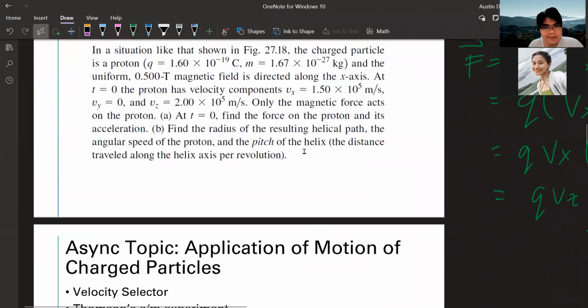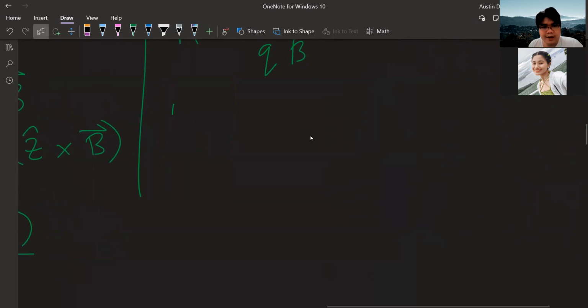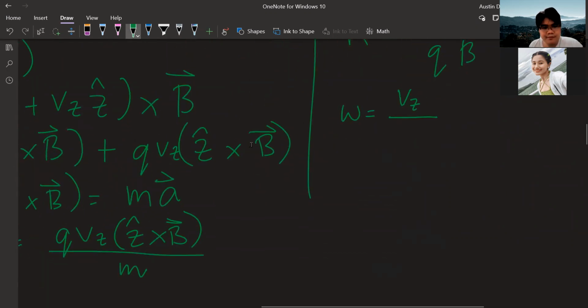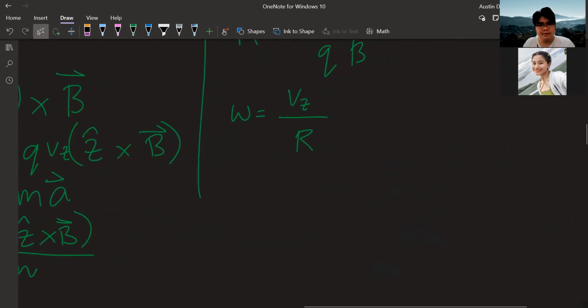Okay, so finding that would require the angular speed of the proton. So angular speed is Vz over R. Tama ba?